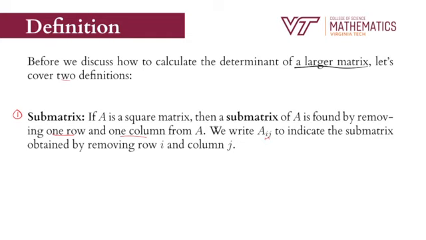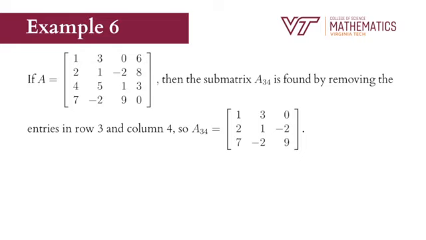So all we're doing is we're reducing the size of the matrix by clearing out a row and a column. So if this is the matrix A, and I want to find the submatrix A3,4, that means we're going to remove row 3. So that row goes away. And column 4.